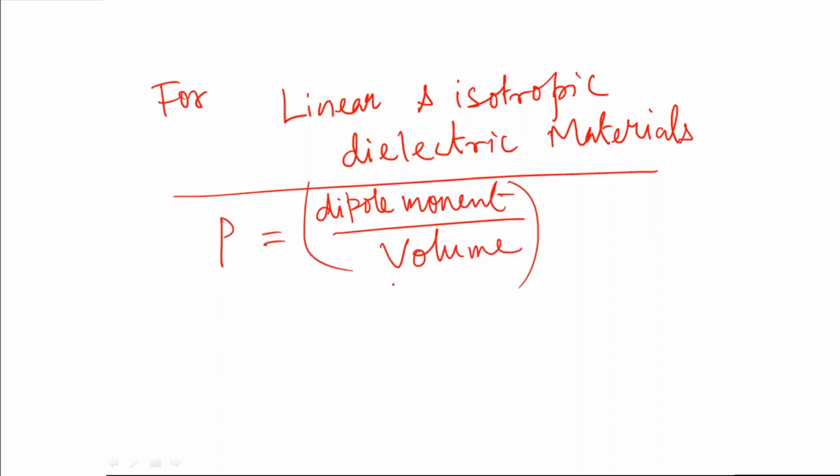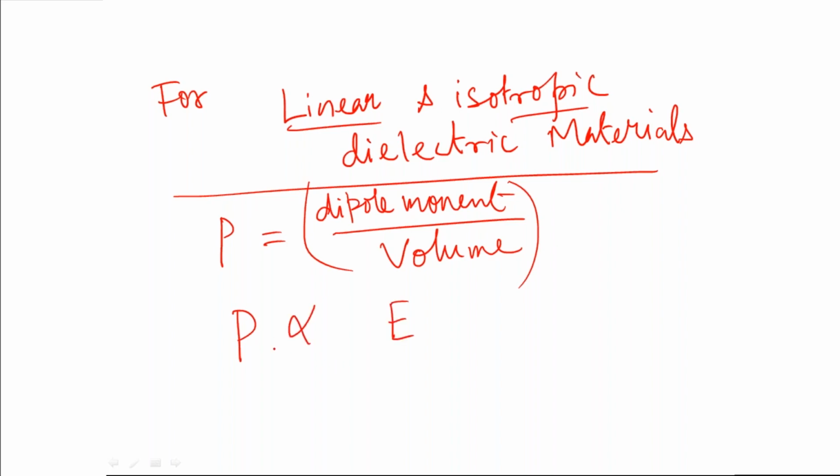So this is polarization, dipole moment per unit volume. For a linear isotropic dielectric material, this polarization is directly proportional to the electric field.